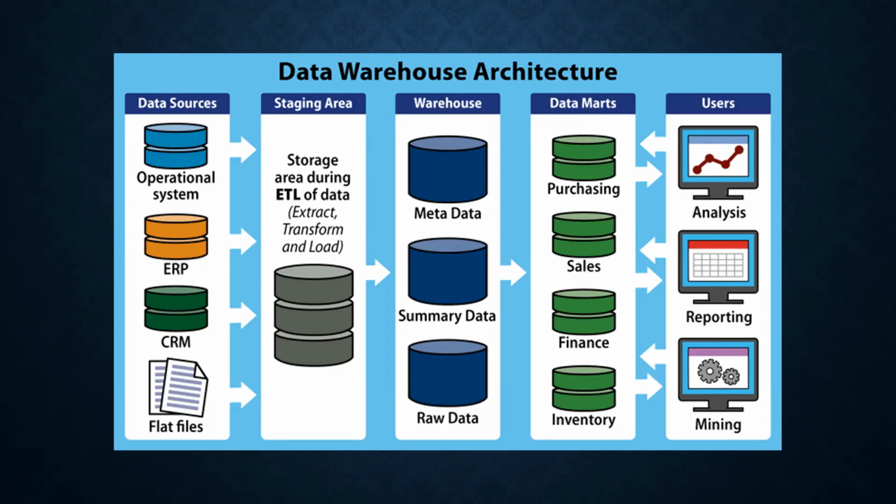Now, what does the data warehouse consist of? Metadata, summary data, and raw data. Metadata means the information related to the actual data that is stored in a database. Using the metadata only, we are going to search the data. Metadata helps in searching the data within the warehouse. Summary data is like an index.